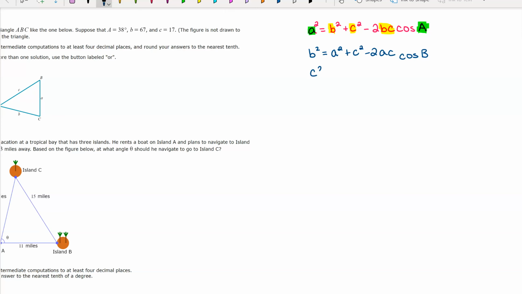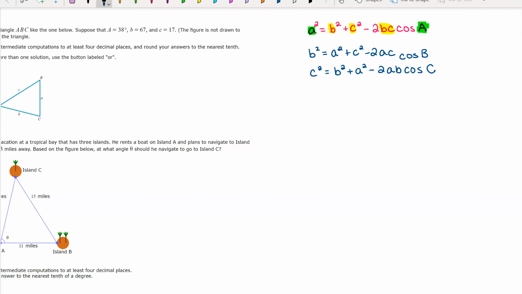If you put c squared first, it will be the other two sides, so b squared plus a squared minus 2 times those other two sides, cosine of C. So the law of cosines looks really crazy because it has 3 different versions, but they're really the same formula, just kind of rearranged with the letters changed.